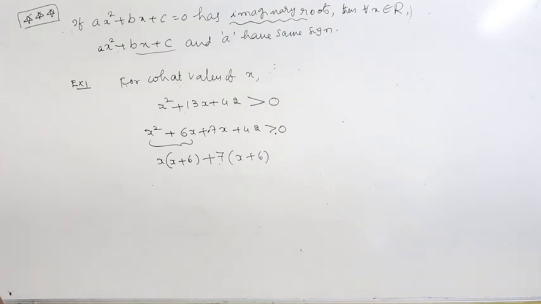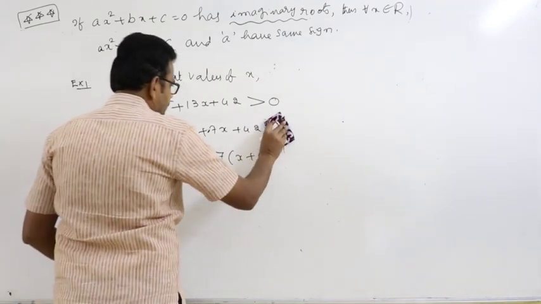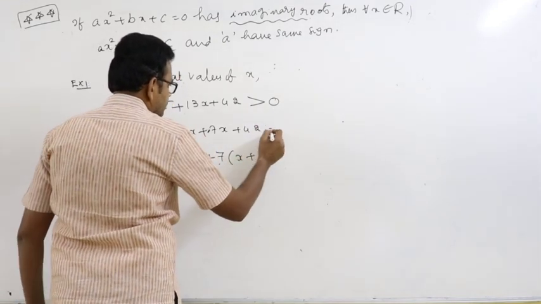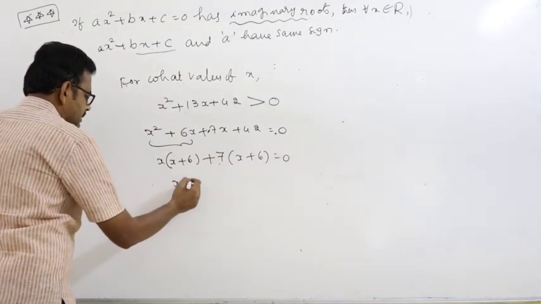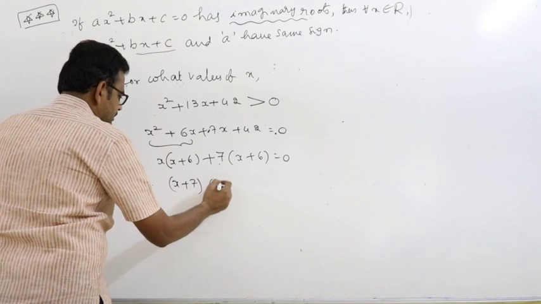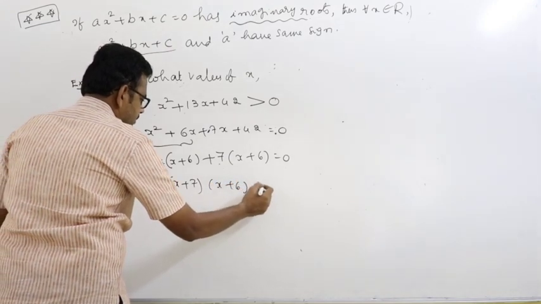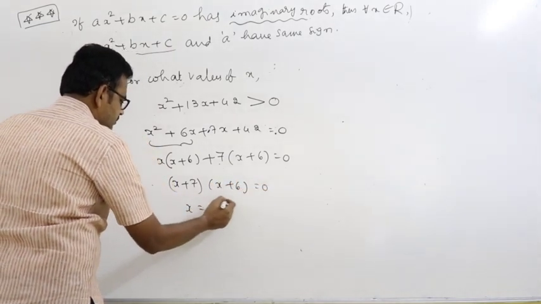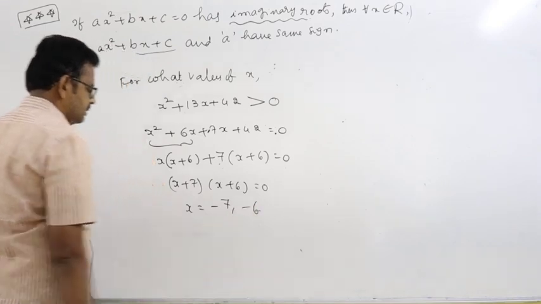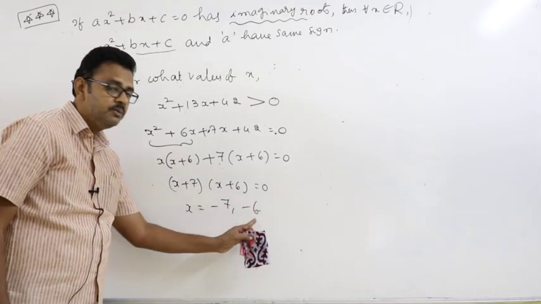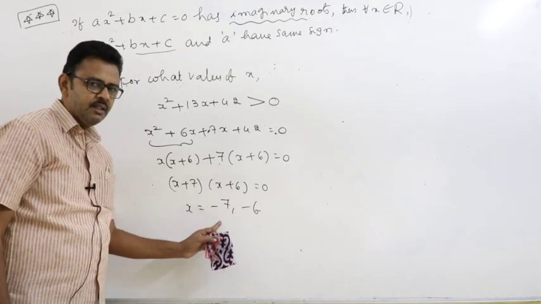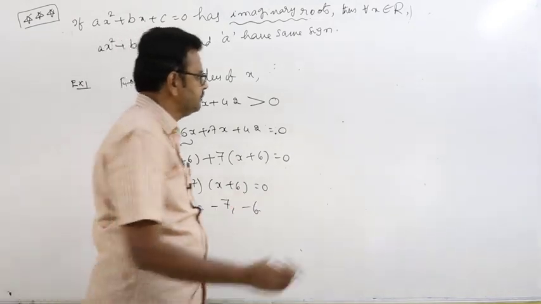First of all, you have to find the factors. Equal to 0. So, x plus 7 into x plus 6 equal to 0. x is equal to minus 7 comma minus 6. Which is the smaller one? Minus 7. Next one is minus 6.